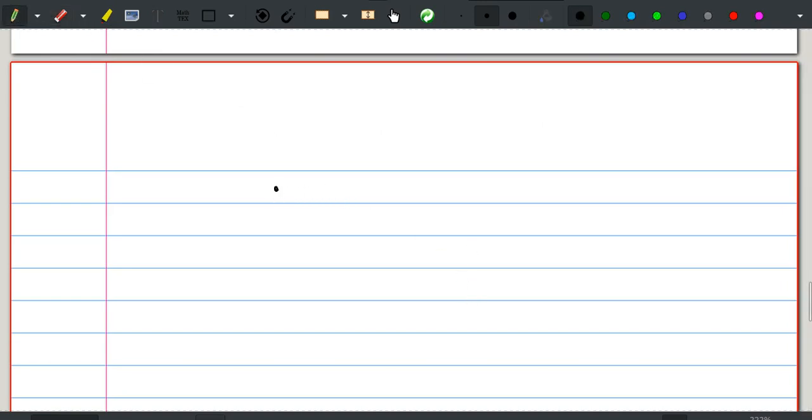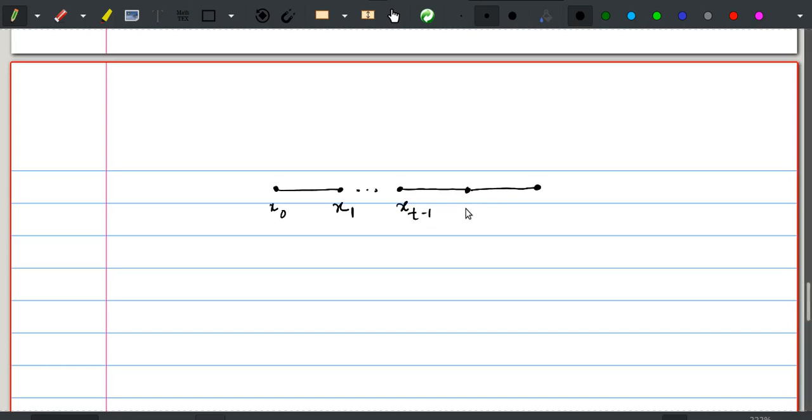So we have x naught, we have x1 here up to xt minus 1, then xt, then xt plus 1. So this is xt minus 1, this is xt, and this is xt plus 1, and so on. And then we have xl minus 1, this is xl.